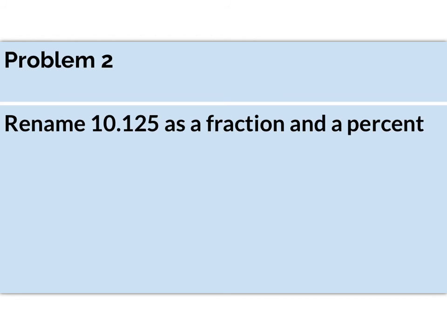Rename 10 and an eighth as a fraction and a percent. Let's start with the fraction first. 10.125. So the 5 is in the thousands place, so we know we're going to be multiplying by 1,000. And percent means divide by 100. So to make the numerator, or the top, a whole number, we have to multiply by 1,000 over 1,000.